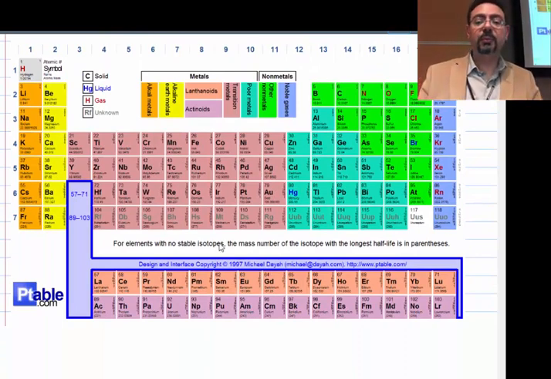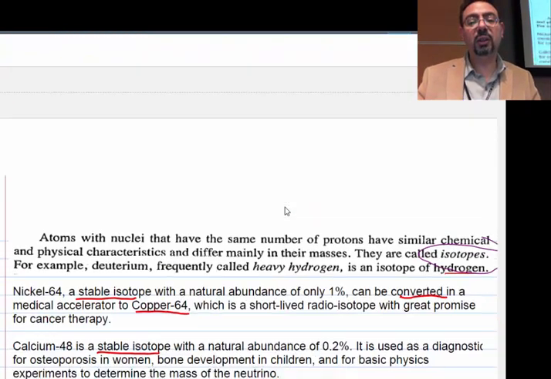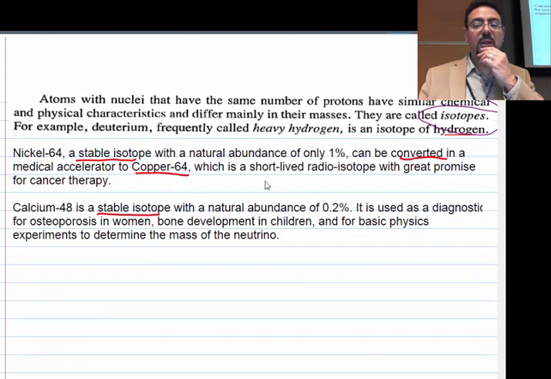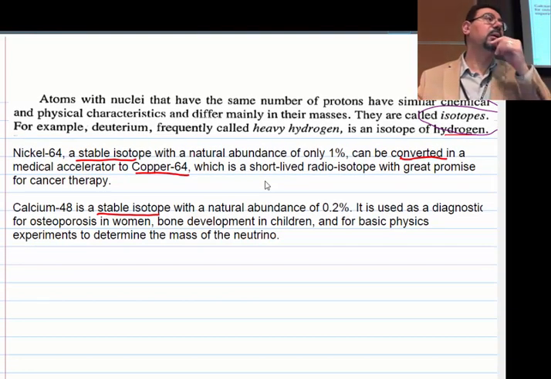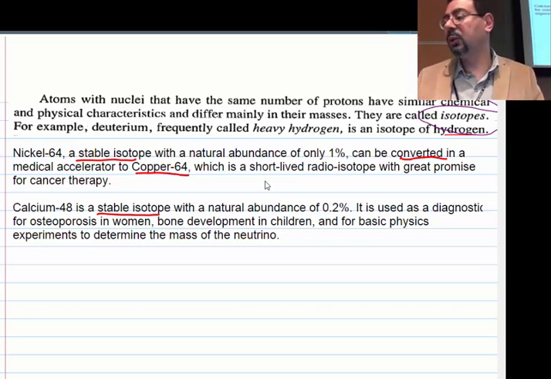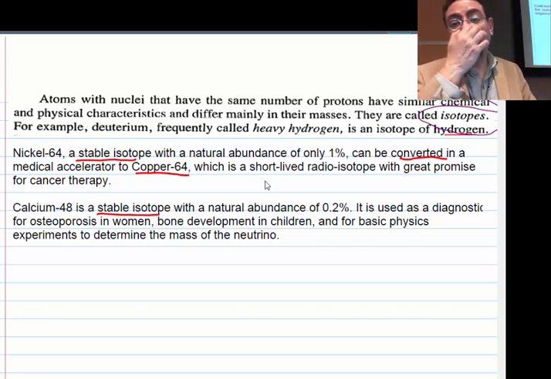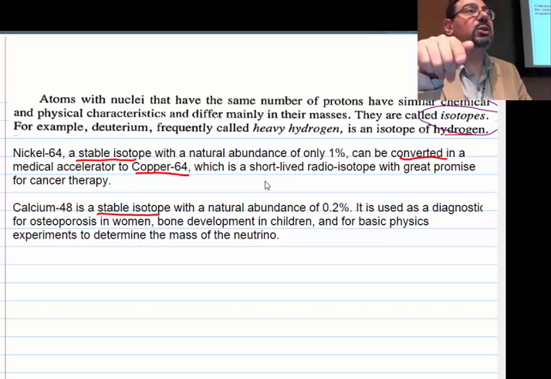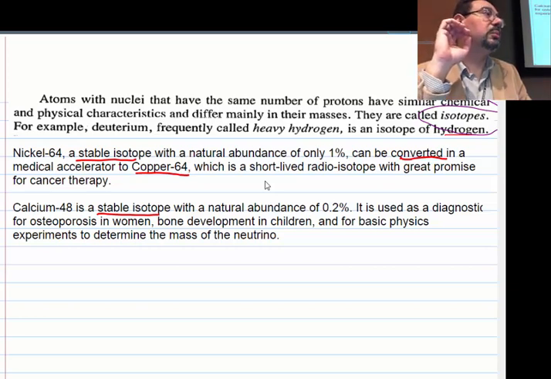So again, we'll look at the equation, calculate those numbers, and then come to the table and figure out what element we are generating. So those isotopes, again, depend on how many total particles we have inside the nucleus. Some of those isotopes exist only for a very short time.